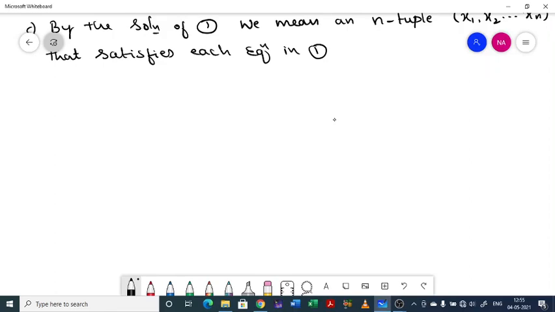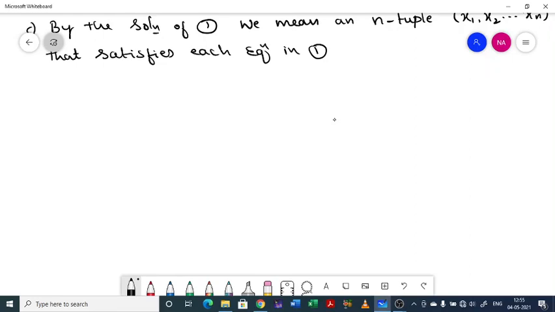Given any system of equations, we need to find its solution. That's what we are going to consider in future. To find the solution, there are different ways, but as we are discussing linear algebra here, we are trying to discuss how to find the solution of a given system of equations using the idea of matrix.